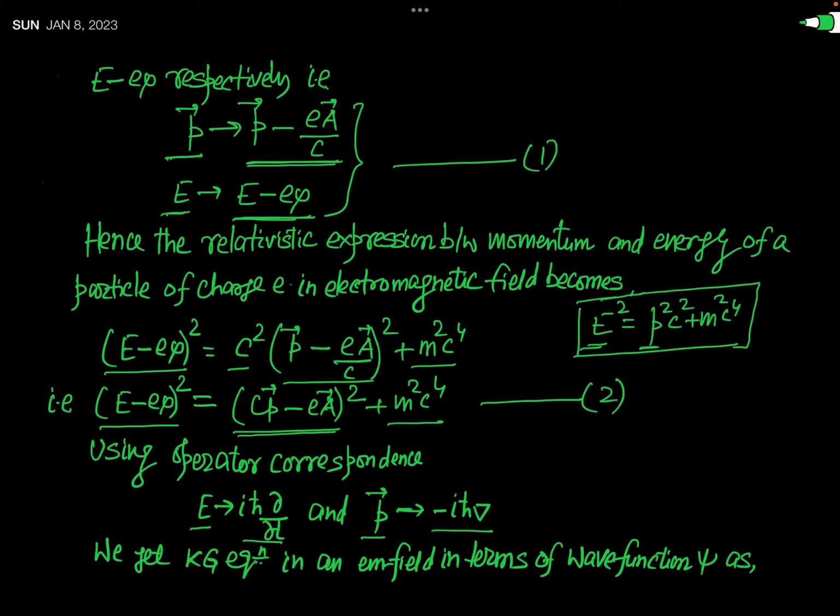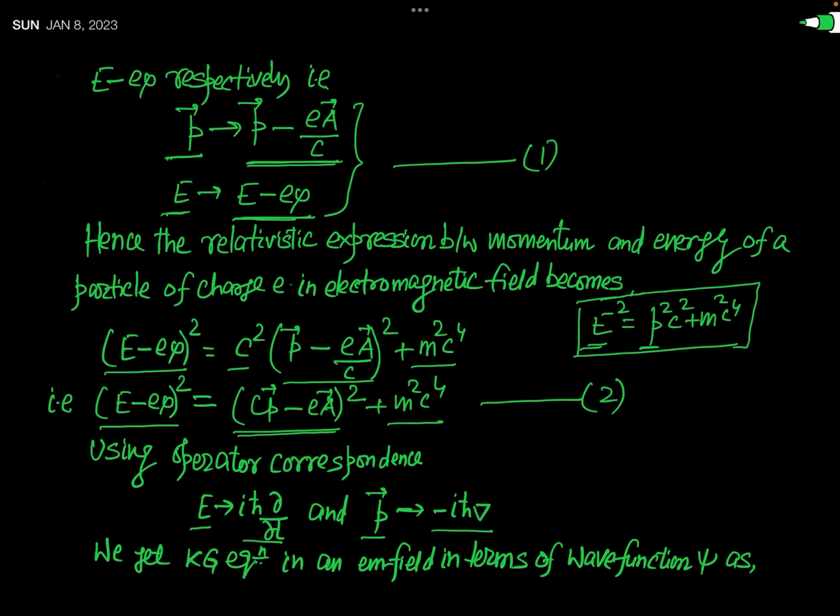You know that the electric charge, the mass, and this velocity c do not correspond to any operator because they are not observables. After substituting the corresponding operators for energy E and momentum P in this equation 2, you can see easily what the result will be.